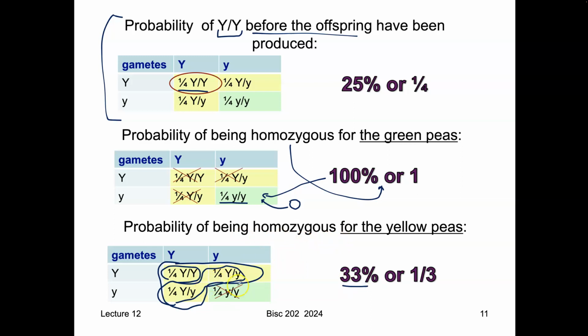Probability of being heterozygous is going to be 67%, or 2/3, right? And I'm going to stop there, because I think that lays all the foundation for then looking at a couple of pedigrees, which I expect will take the bulk of the time for lecture 12.